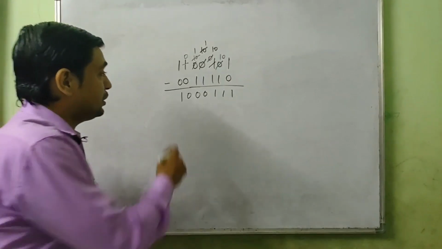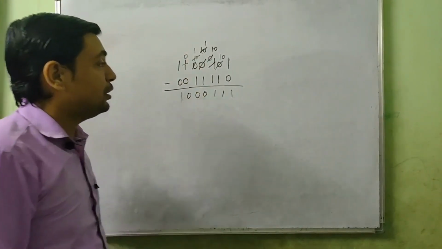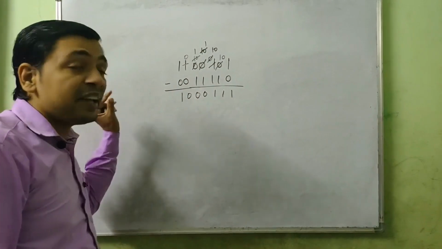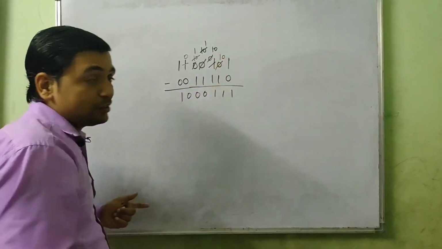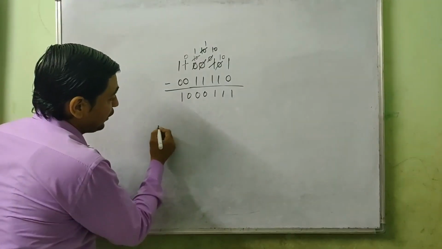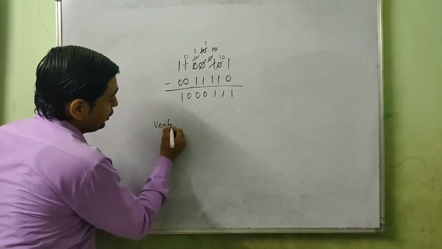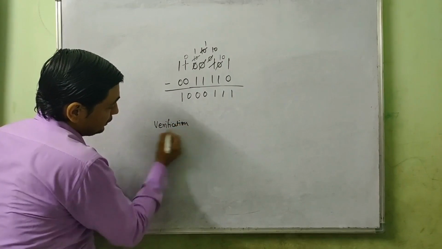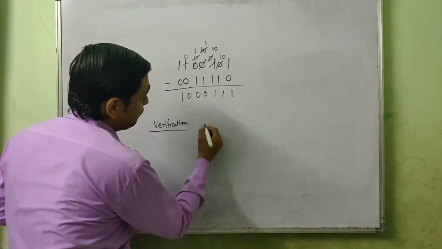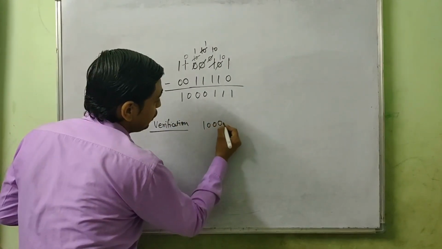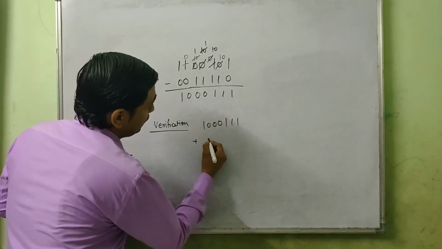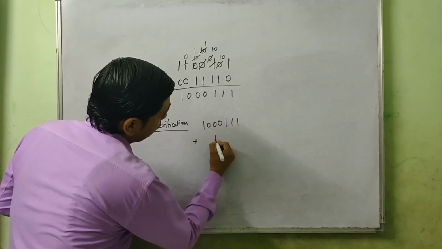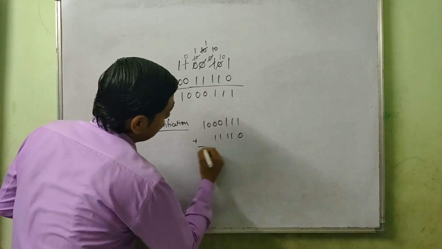Okay, so this is the result of the subtraction. You can verify whether you have done it correctly by adding the last two; if you get the first one, it is correct. So let's do the verification. I write down the result over here, and then add this one: 1111 four times, and then a 0.